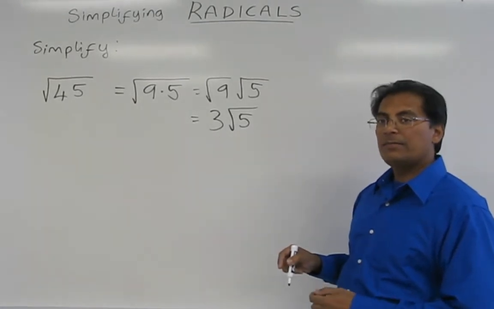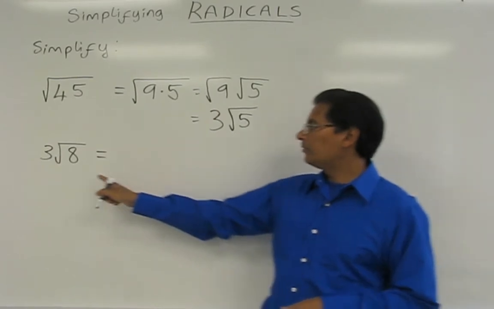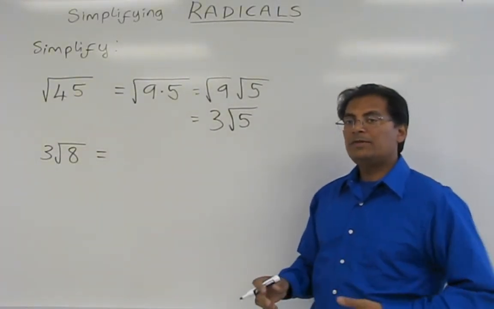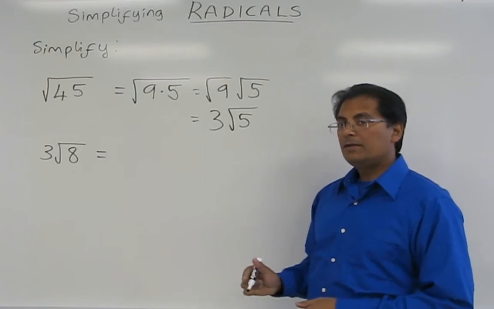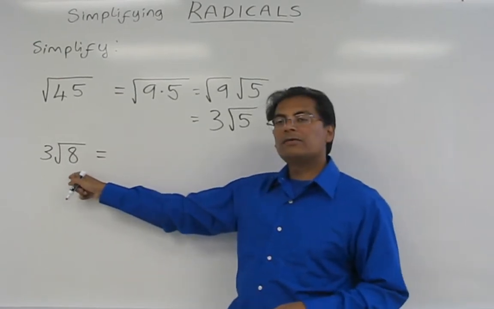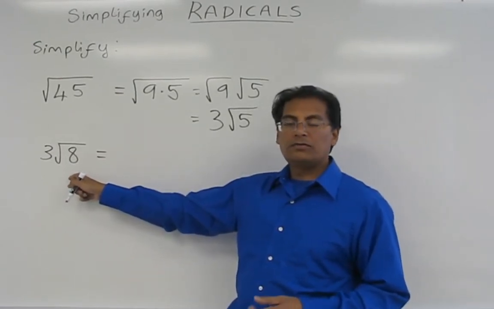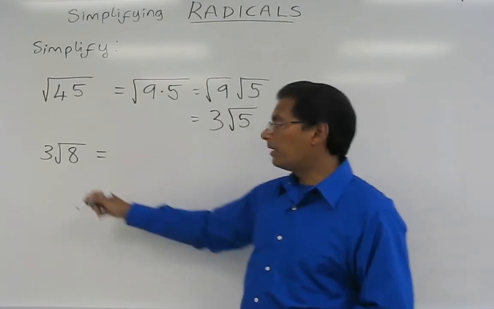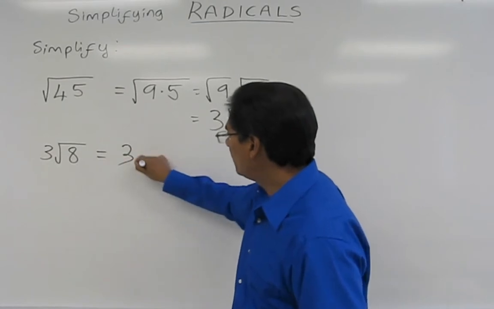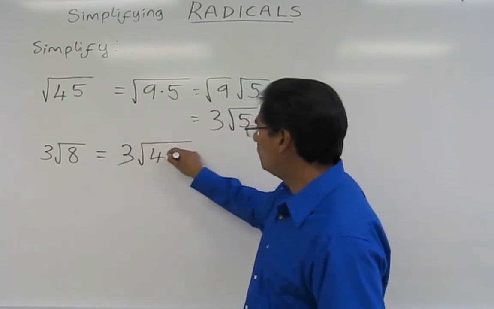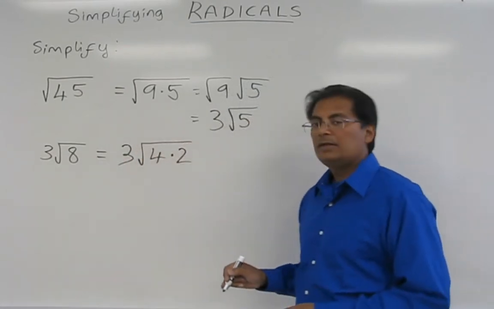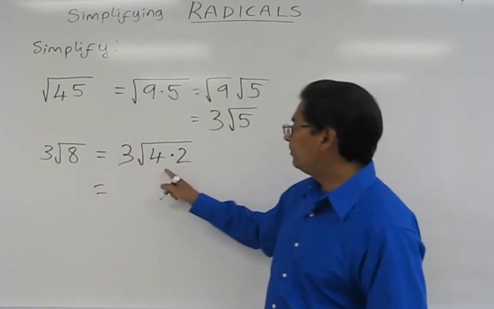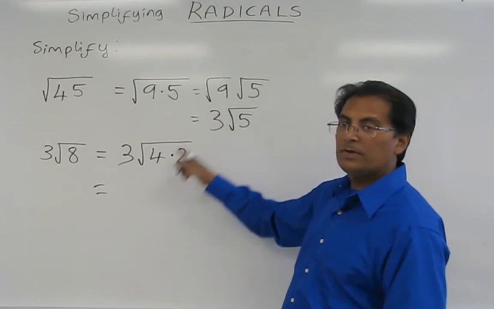Let's take another example. Suppose we want to simplify 3 times the square root of 8. Now you might be thinking this is simplified already, but 8 actually can be broken down into two numbers, one of which is a perfect square. 8 is 4 times 2. So we can rewrite this as 3 times the square root of 4 times 2, and the square root of 4 is 2. So we can actually pull out the root. I'm not going to go through that intermediate step.